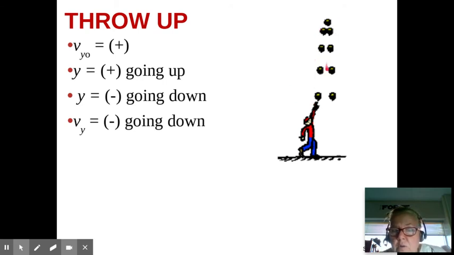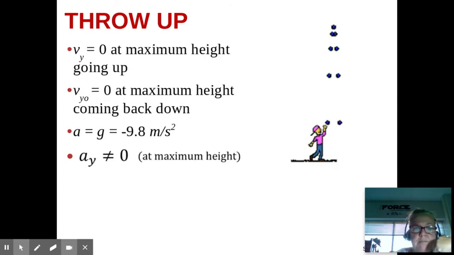Coming down, our y will be negative. And then, of course, going down, the velocity will be negative. Again, anytime anything's going up in that positive y direction, everything will be positive. And if something's coming down in that negative direction, everything will be negative.